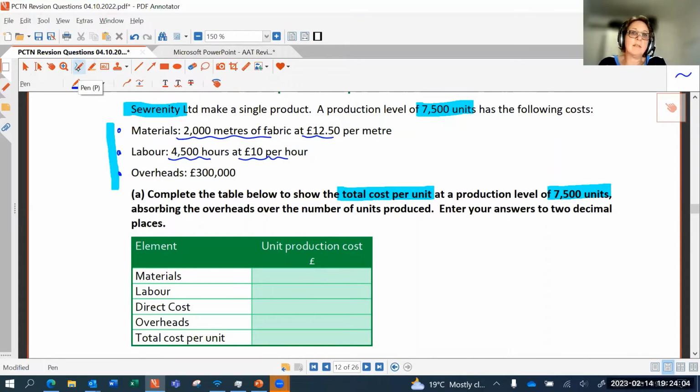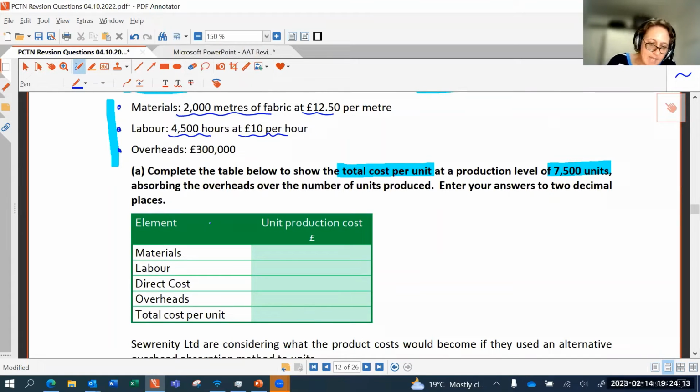So it's saying, okay, so then you're producing 7,500. Tell me what the cost would be for 1 unit. It tells me that I must absorb, love that word, absorb the overheads over the number of units produced, and my answer must be to 2 decimal places. So we'll come back to that word absorb shortly.